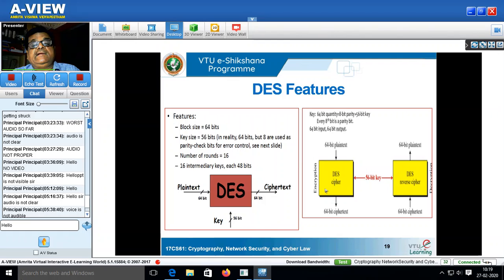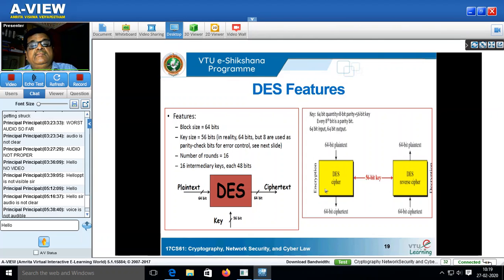When we want to convert the original plain text into ciphertext, we make use of 16 intermediary keys and rounds. There will be a total of 16 rounds.